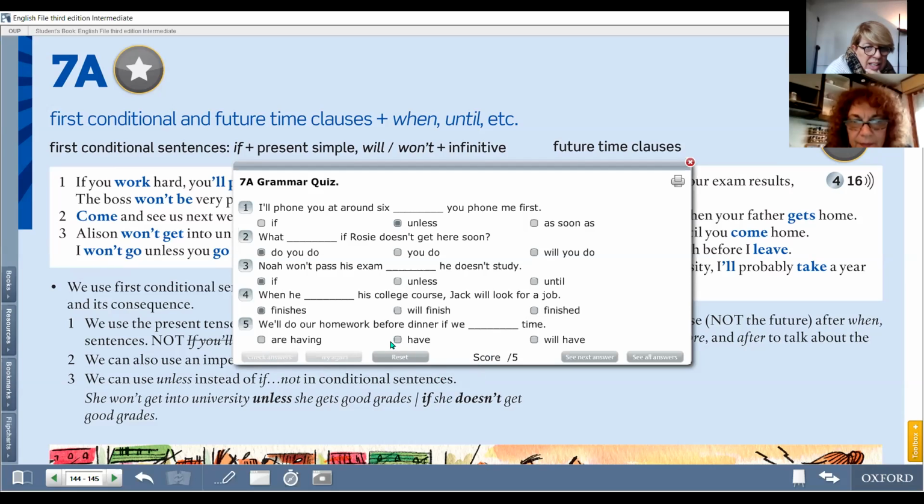Okay, the only one that is not correct is this one. Would you say why? What will you do? Look, present simple plus will plus infinitive. So, what will you do?